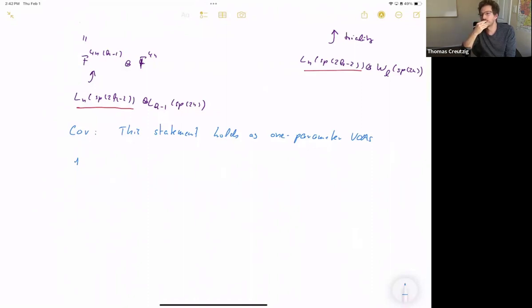And now we have shown that for infinitely many points, namely for each positive integer k, this is a conformal extension of an OSP1 to N at level K and a W algebra at a level L. And then the statement must already hold as one parameter VOAs, just because the structure constants are rational functions in these parameters, and you have countably many structure constants and countably many points where you can check it. So it must always hold.